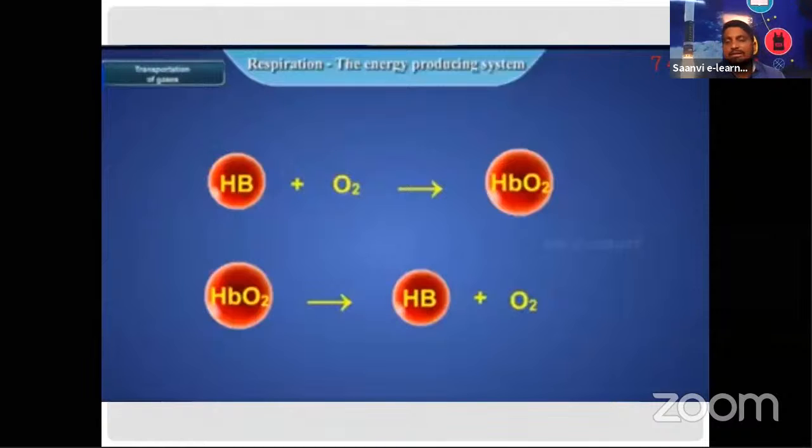Hb plus O2 gives rise to HbO2, oxyhemoglobin. The reverse can also happen, as I told you just now. It is a reversible reaction. Oxyhemoglobin can divide into hemoglobin and oxygen.